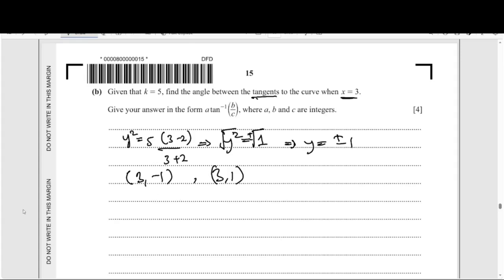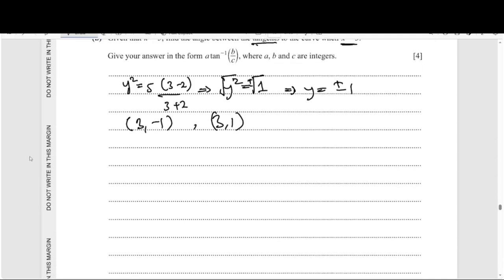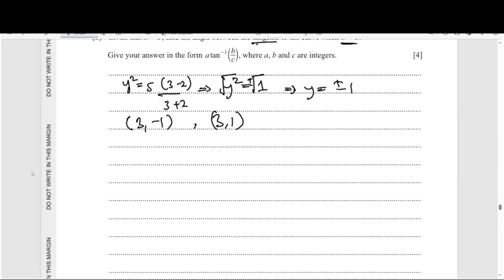And we don't need to find any equation of a tangent, right? The angle between two tangents is found by this formula. Where theta is the angle, so we have two tangents and the angle between them is theta, tan theta is given as m1 minus m2 over 1 plus m1 m2.